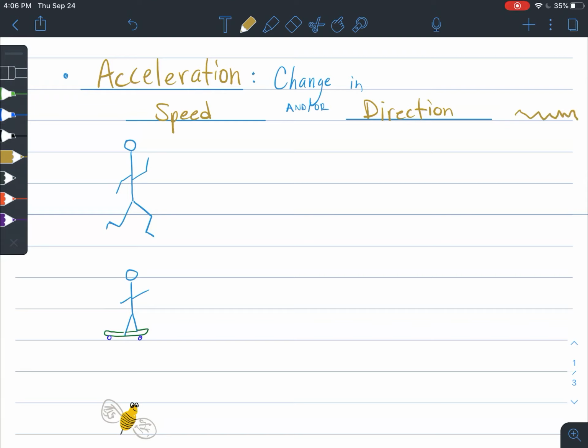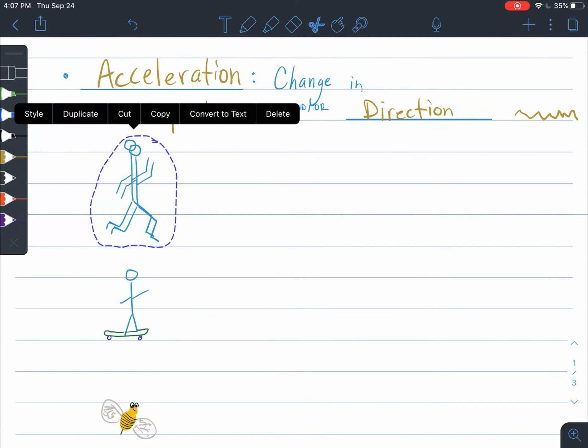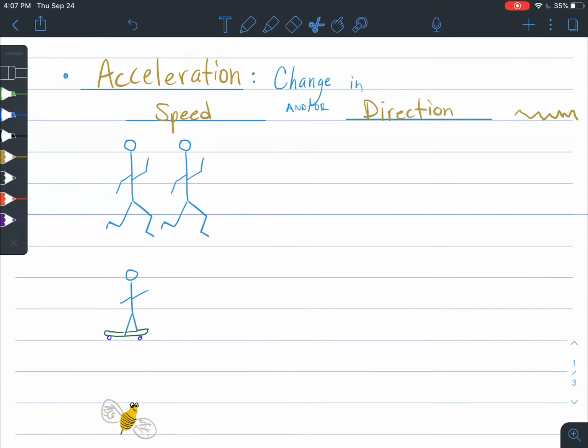So let's think about this a little bit differently. If we were to have a human here that is running, I think the most common understanding of acceleration is this idea that when you're running, if you're running ahead and over time you start to run faster and faster and faster, this means that you're speeding up.